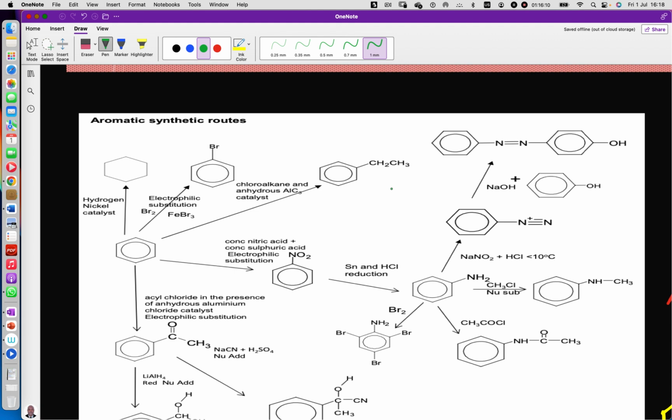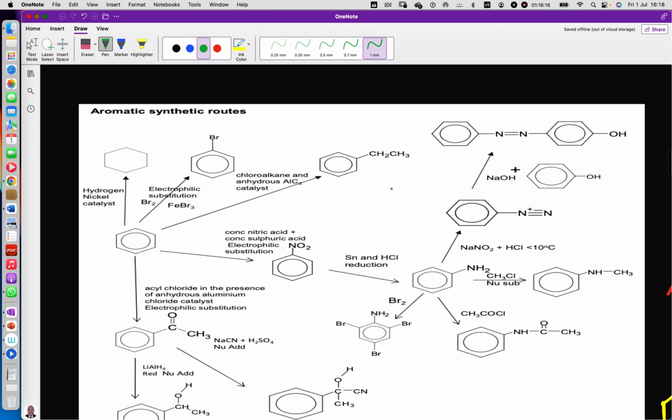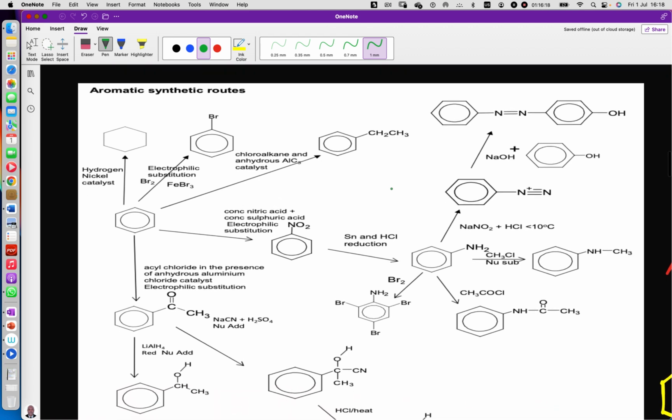So those are very, very important stages. Then I also showed you the reaction of benzene, that's hydrogenation, using a nickel catalyst and heating, and you will form cyclohexane. That can also be done using an alkylbenzene like methylbenzene.